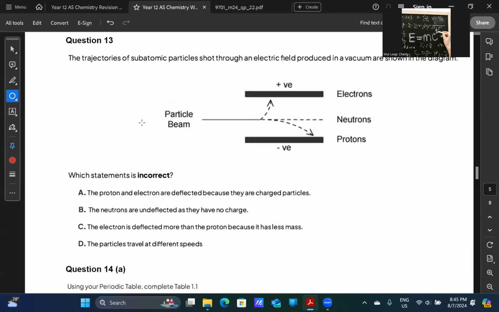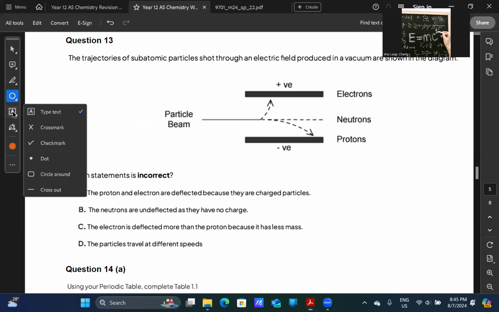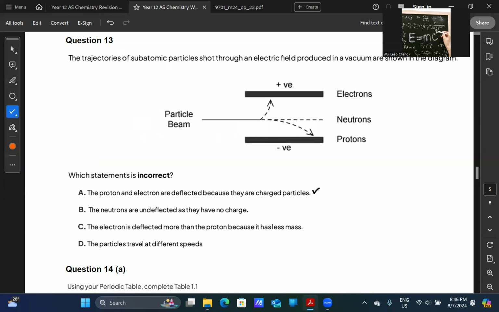Now, this question is about the electric field. Which statement is not correct? A. The proton and electron are deflected because they are charged particles. Yes, only neutrons are not deflected. B. The neutrons are undeflected as they have no charge.